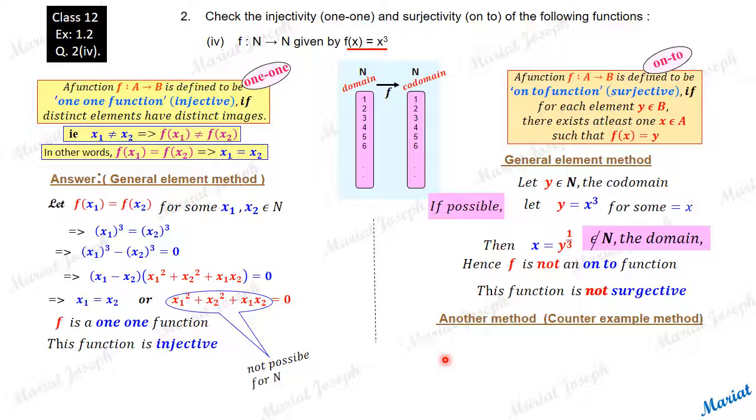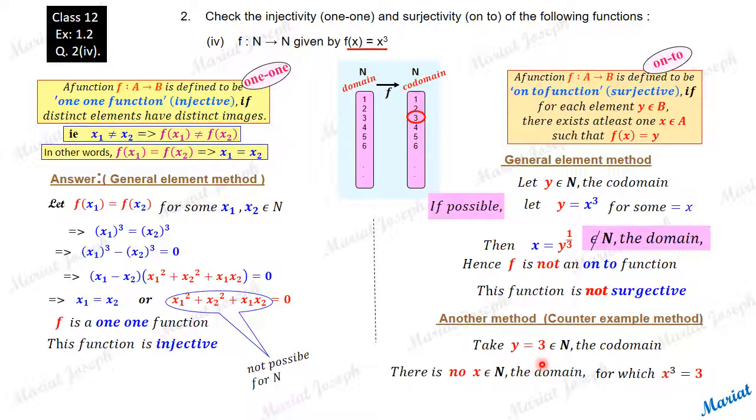So, here we show the same example that we have already considered. Let us take y is equal to 3. And we have already observed that there is no x in the natural numbers so that x cube could be equal to 3. This numerical example is going against the definition. Therefore, this can be treated as a counter example. So we conclude that the function is not an onto function.